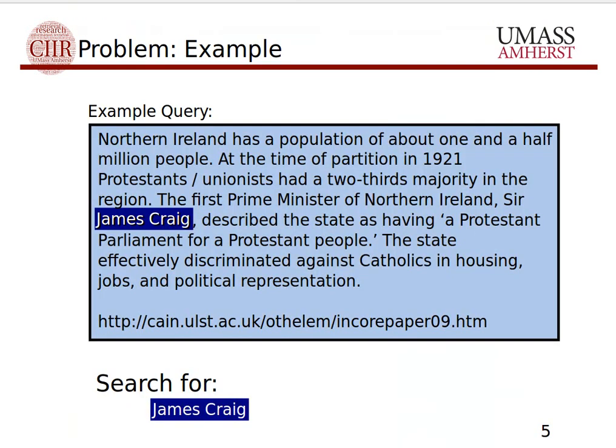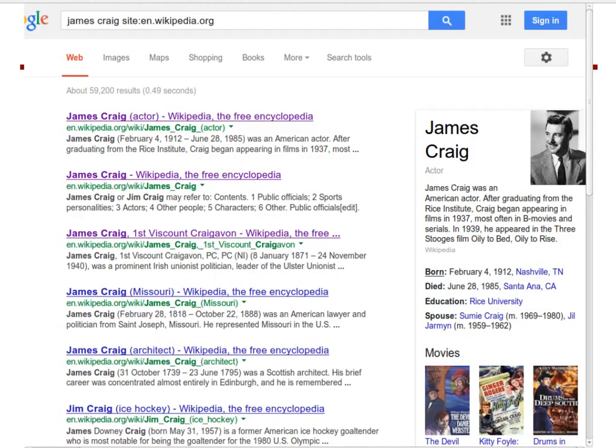But how about if we select a different string in this text, for instance, James Craig? Let's say we just run this as a query in Google. Then we suddenly get a result about a James Craig who is an American actor who starred in B movies in the late 1930s. And you wonder, what does this person have to do with Northern Ireland?